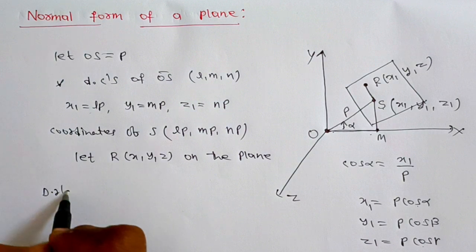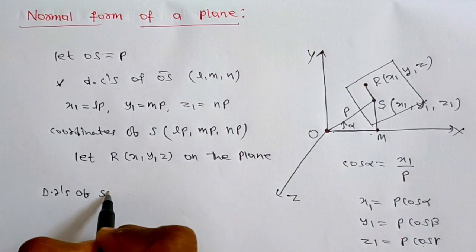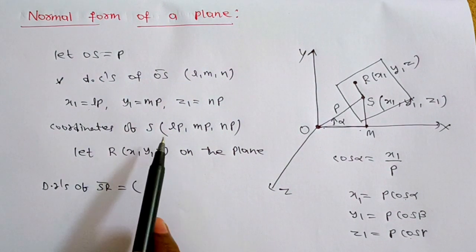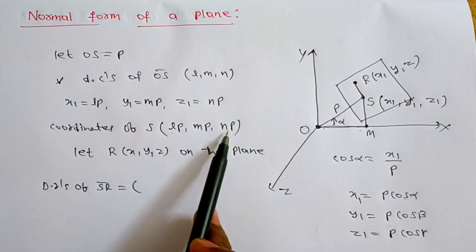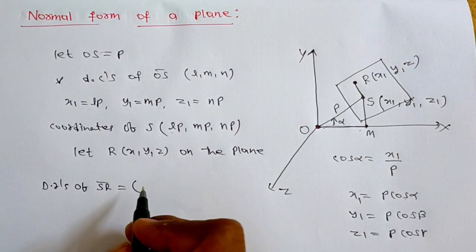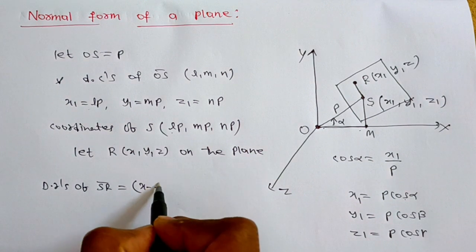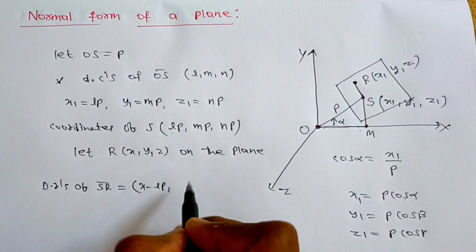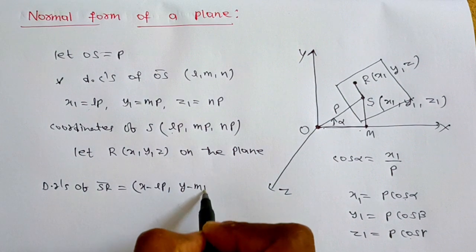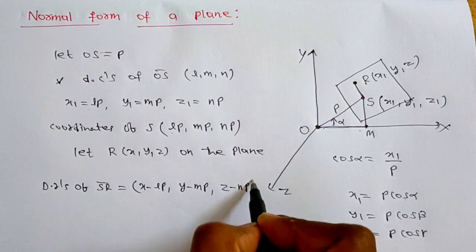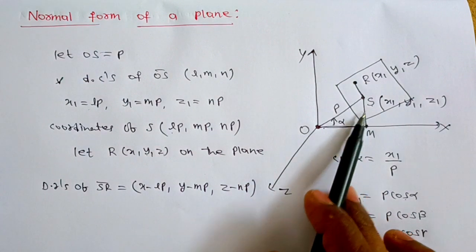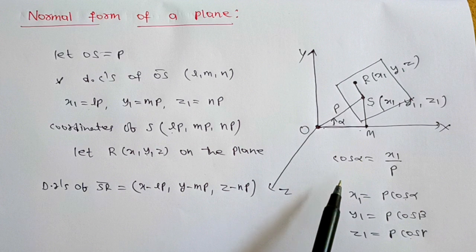Therefore the DRs of SR, clearly, are the differences of the coordinates: x minus lP, y minus mP, z minus nP. So these are the DRs of SR.